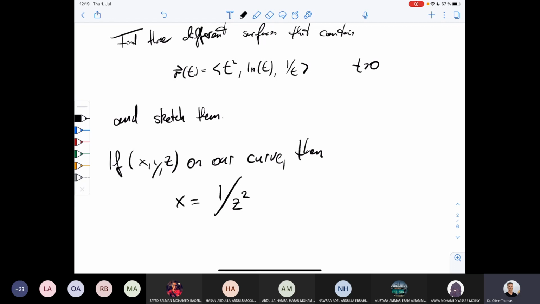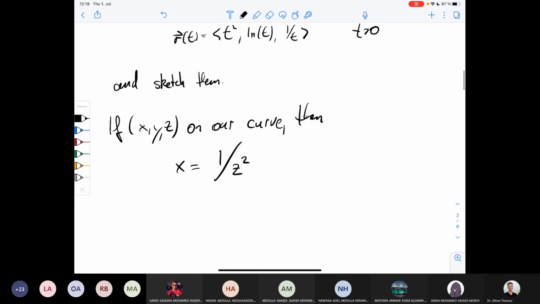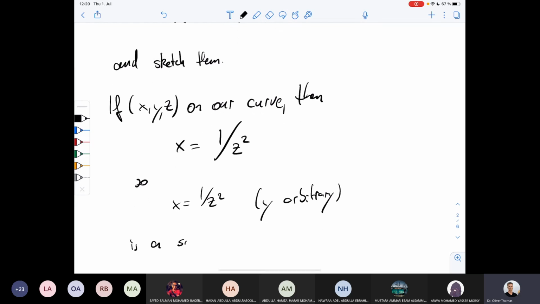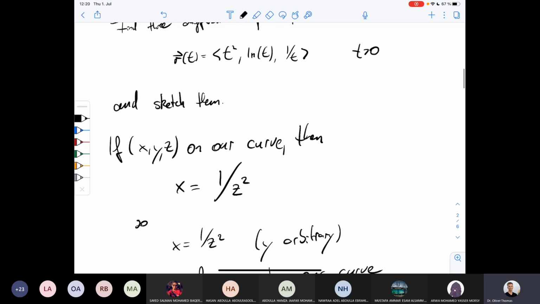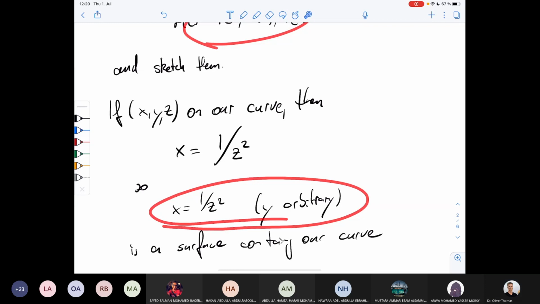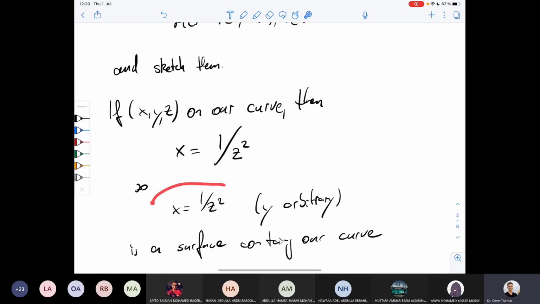So this is equal to x. So if we take x equal to 1 over z squared and y arbitrary, then this is a surface containing our curve, right? Because every point on this curve satisfies this. And so it's contained, and this is definitely a surface. This is definitely not just one-dimensional, it's two-dimensional, in three-dimensional space.